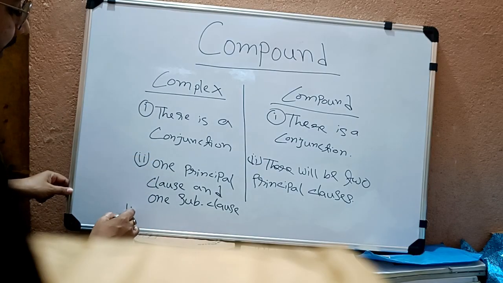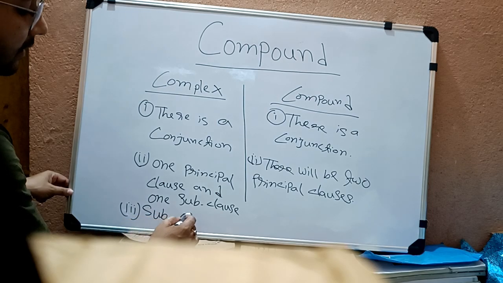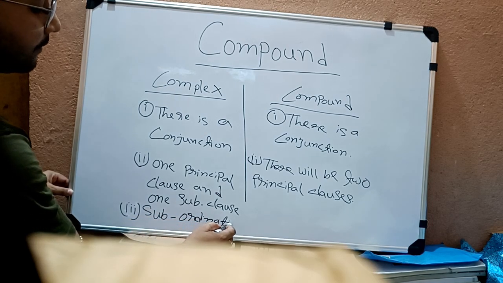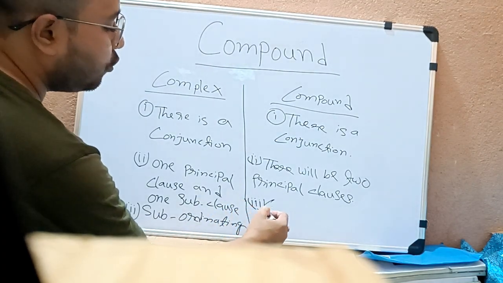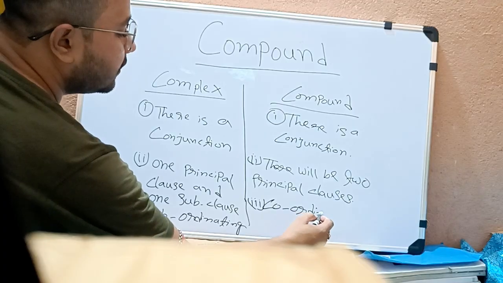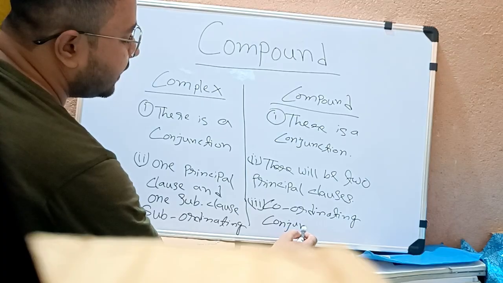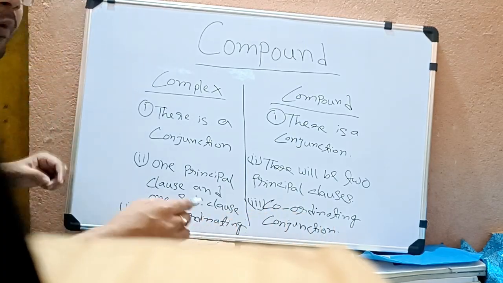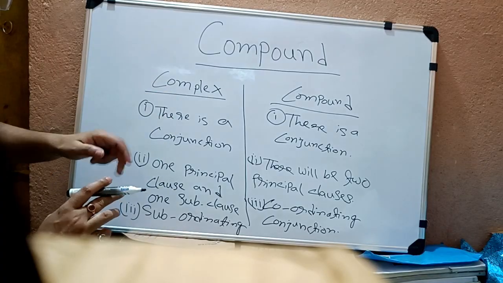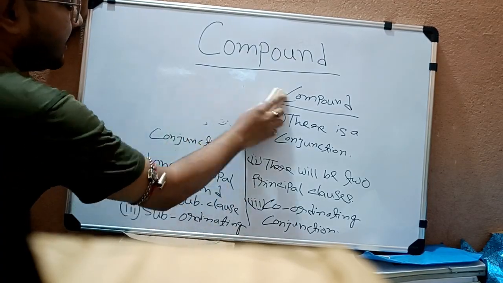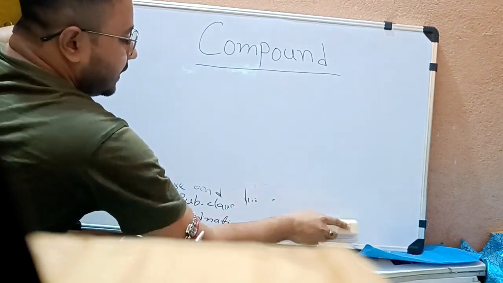And the third point is that in a complex sentence we use a subordinating conjunction, and in a compound sentence we use a coordinating conjunction. So this is the difference by which we can easily understand whether the sentence is complex or compound.